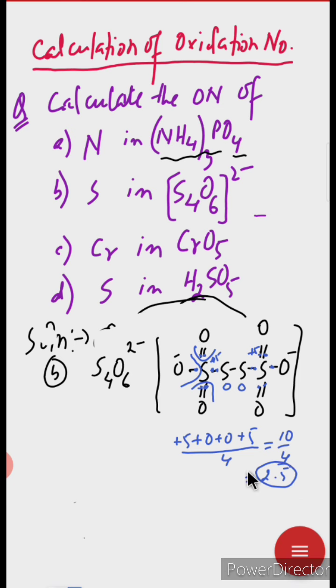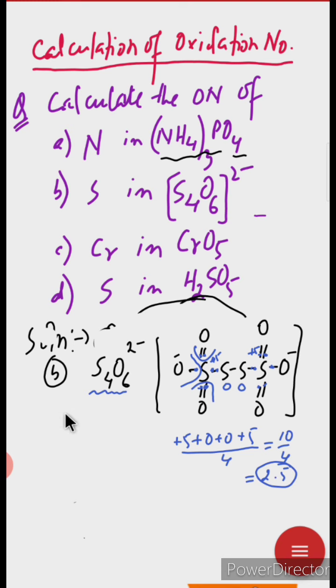This is the oxidation number of sulfur in this ion. But individually, if someone asks, then this sulfur has an oxidation state of +5, this sulfur has +5, and these 2 sulfur have a 0 oxidation state. So from this question we can find out 10 by 4 or 2.5 like this.